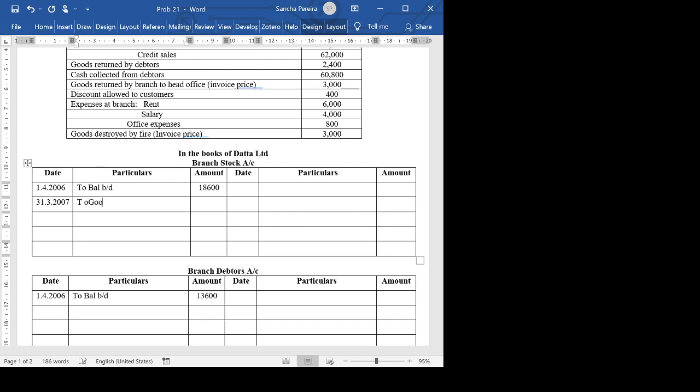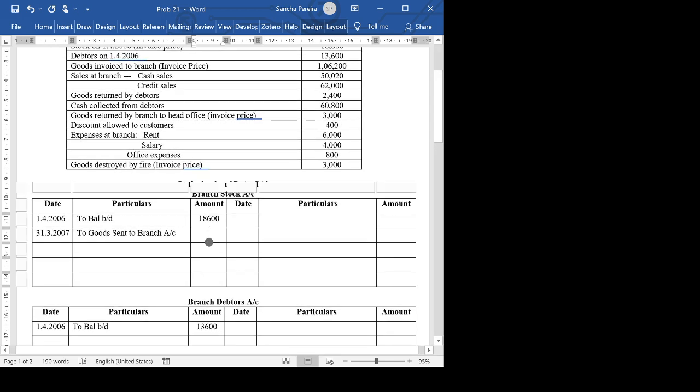To goods sent to branch account, 1,06,200. And we calculate our profit element of the loading accordingly on this in the adjustment account.